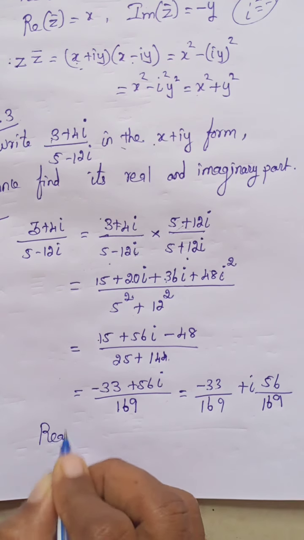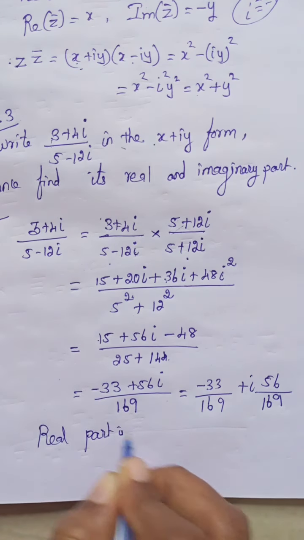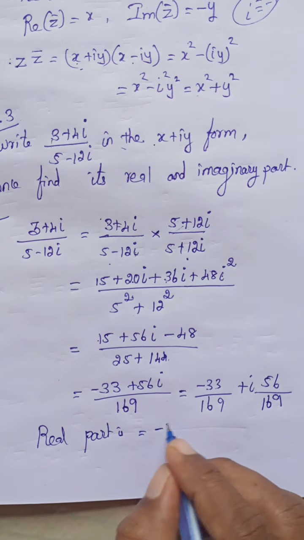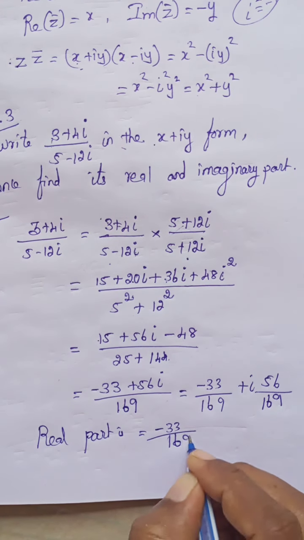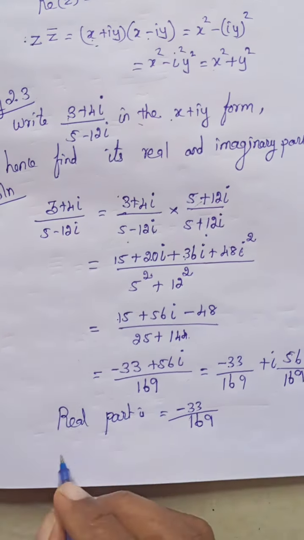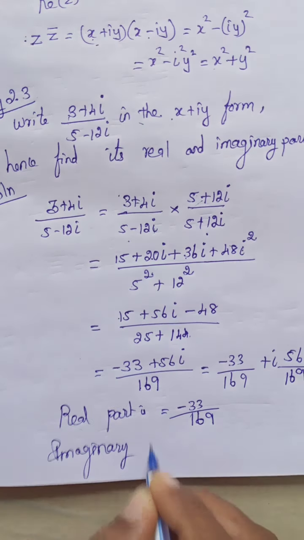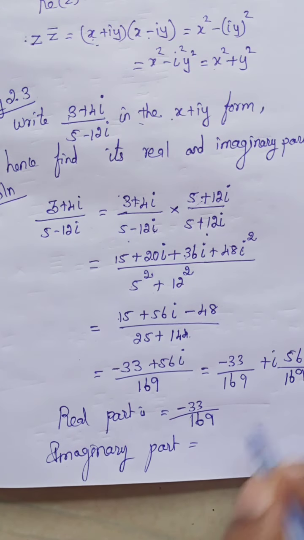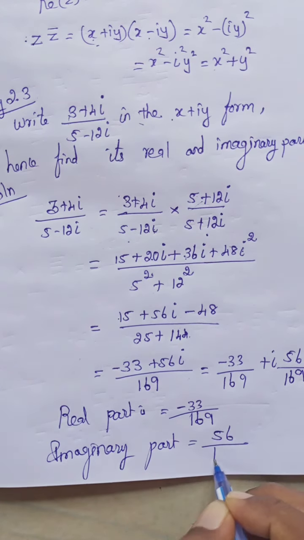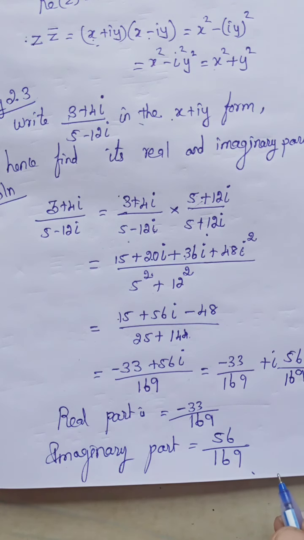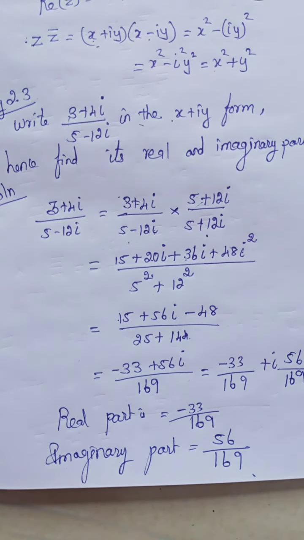So we can write the real part is minus 33 by 169. Then the imaginary part is equal to 56 by 169. Is it clear? Shall we move to the next problem?